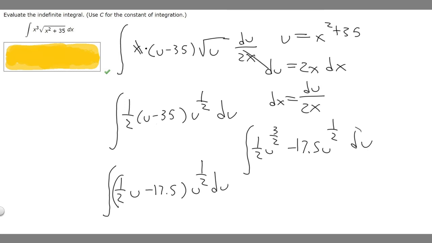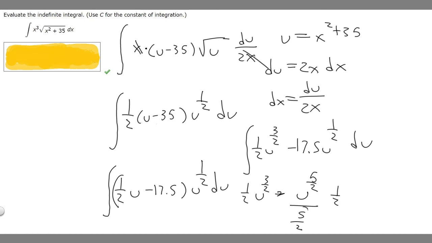So now we've got this. We have to find the antiderivative of it and then plug in u. That'll be our final answer. So let's find the antiderivative of this first. So it's 1/2 times u to the 3 over 2. It's going to become u, and then we add 1 to the exponent, so plus 2 over 2, so it becomes 5 over 2. We divide by 5 over 2, but then we're multiplying by 1/2.